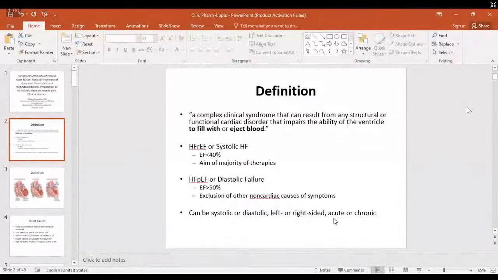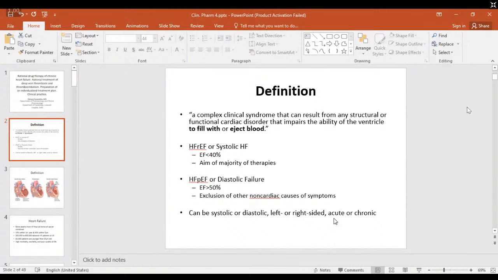Acute is usually due to something like acute coronary syndrome or myocardial infarction. It can also be due to some rupture of the chordae of the mitral valve, let's say, due to infective endocarditis, or due to, again, myocardial infarction.